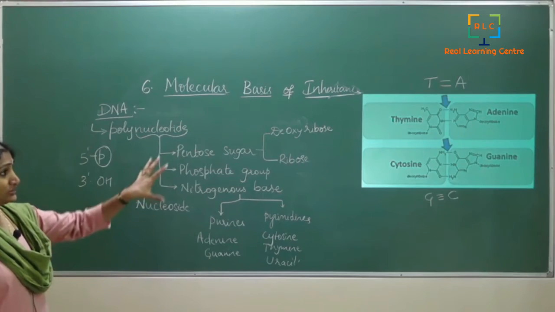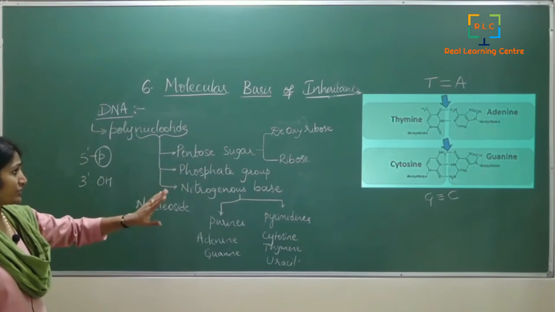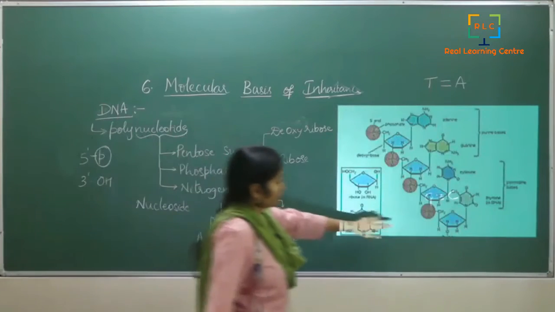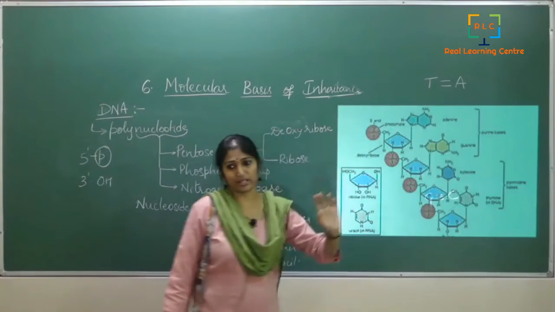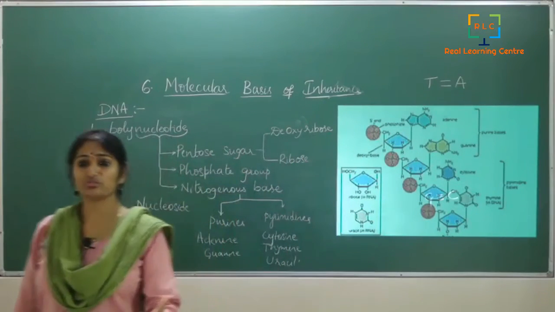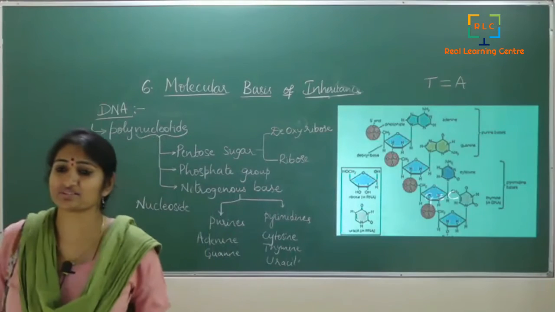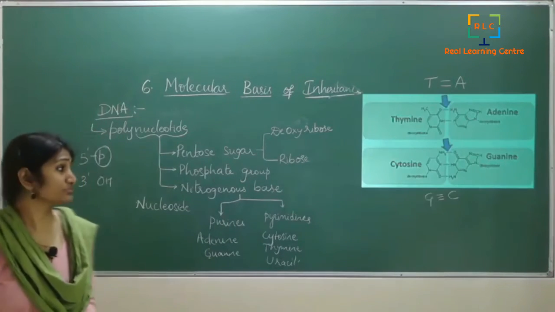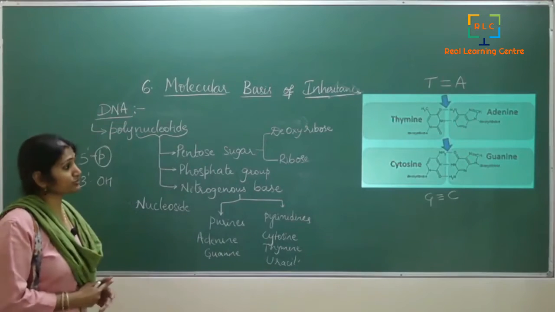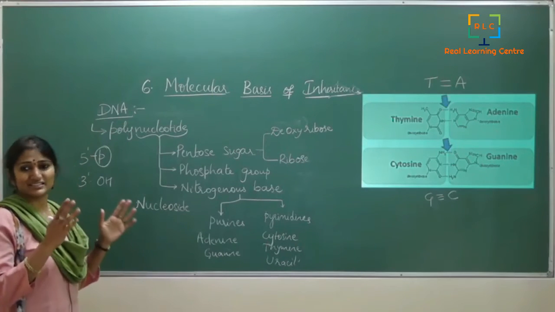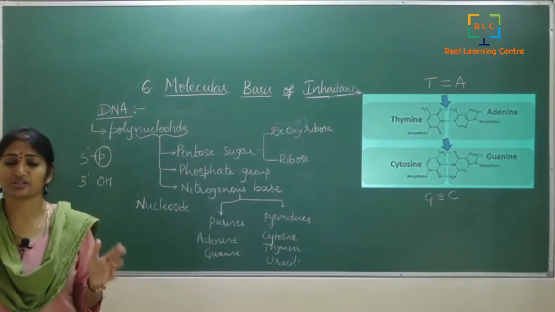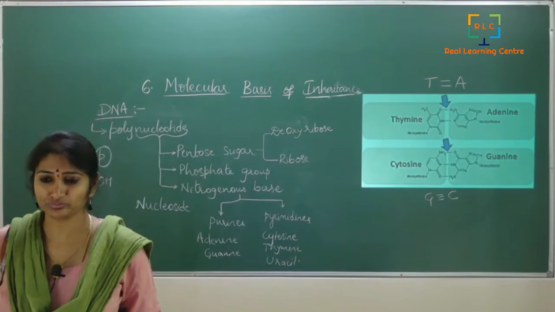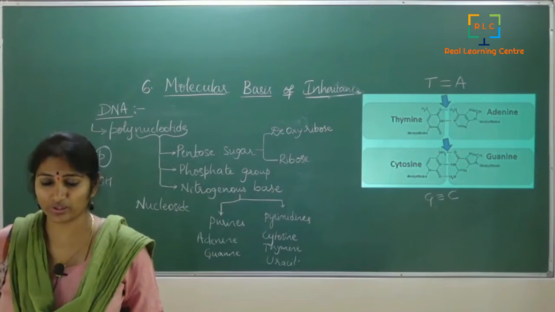So this is the one, and then on the backbone we have the sugar phosphate backbone. Okay, so the sugar moieties and the phosphate moieties are the backbone, whereas the nitrogenous bases and the hydrogen bonds formed between them keep these two polynucleotide chains together. I hope you got what I said.